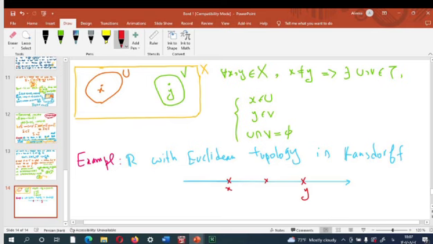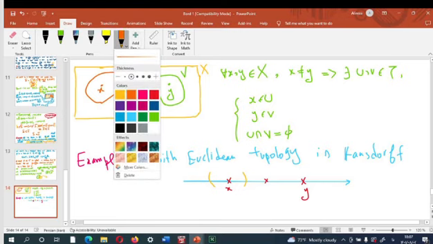And now consider two open sets such as this and this.